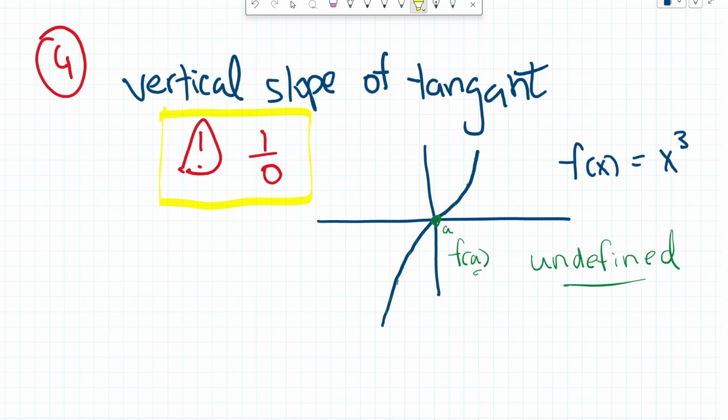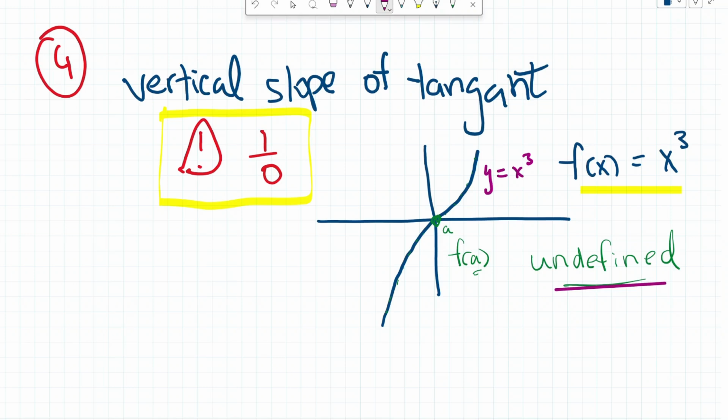So one example is the one I drew out over here for you. Here we have this cubic function. So this is y equals x cubed, like we saw over here. So at the origin, when x equals 0, we're actually going to end up with a derivative that is vertical. We're going to have a vertical slope, and therefore it is undefined.